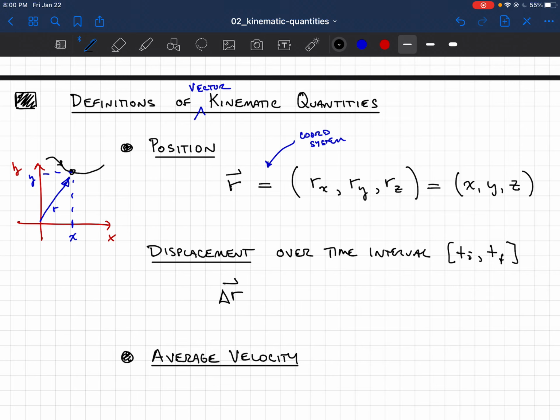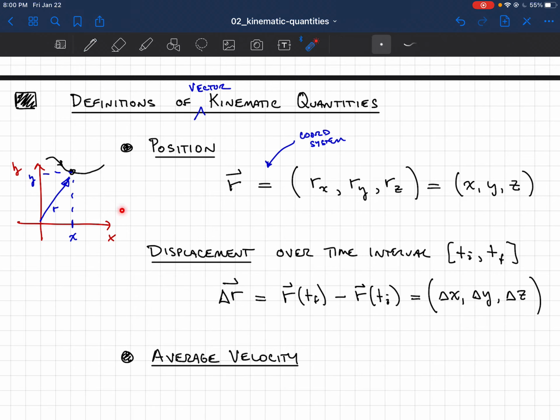What is delta r? Well, it is the difference: r at t final minus r at t initial. We could write that as delta r_x, delta r_y, delta r_z, but we could also just write it as delta x, delta y, delta z.